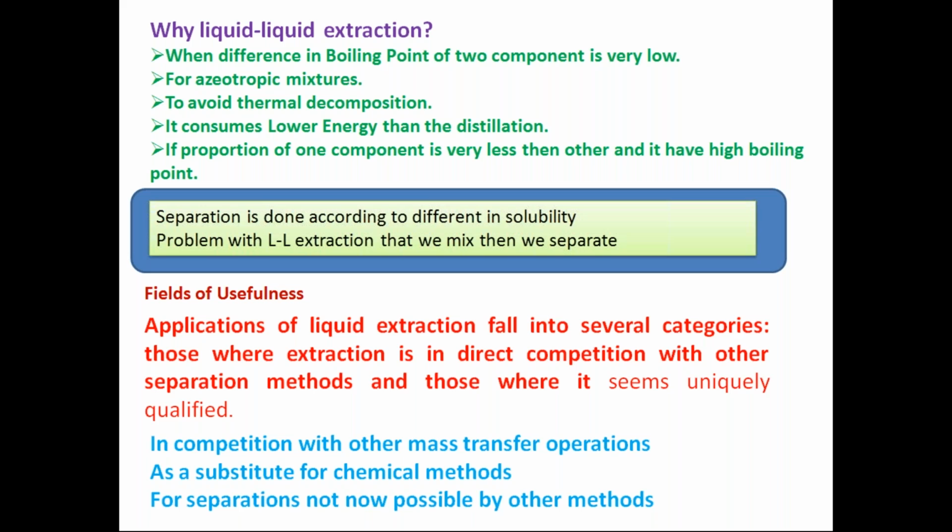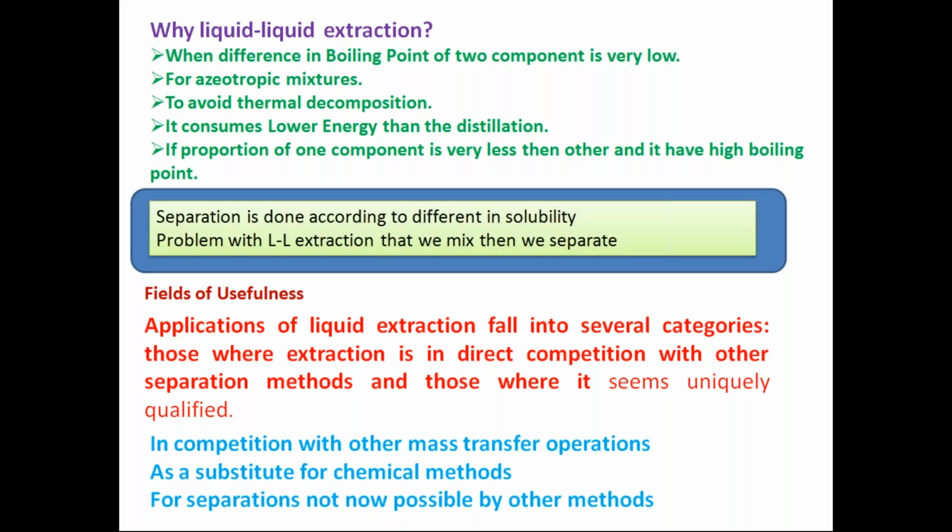Applications of the liquid extraction fall into several categories: those where extraction is in direct competition with other separation methods, and those where it seems uniquely qualified. In certain cases, no other separation method works except extraction. As I told you, in some cases where alpha is 1, such as azeotropic mixtures, distillation will not work.